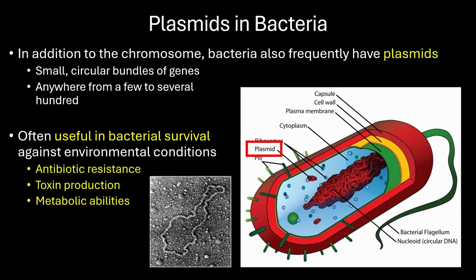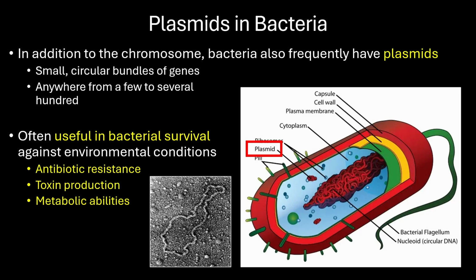So, enough about mitochondria. In addition to the chromosome that these prokaryotic cells have, bacteria also frequently have plasmids. These are very small circular bundles of genes that are separate from the nucleoid genome. Cells could have none of them, or one or two, or hundreds in some cases.